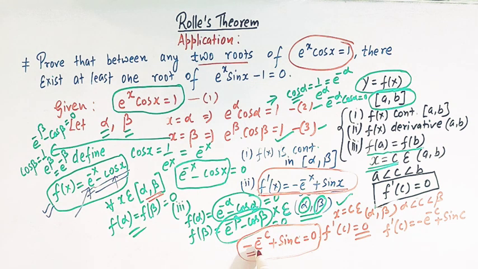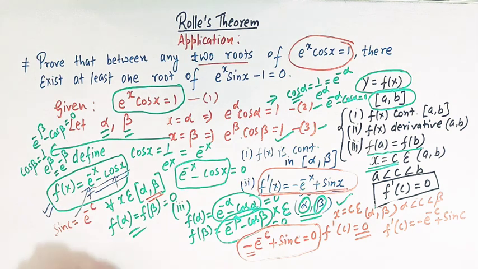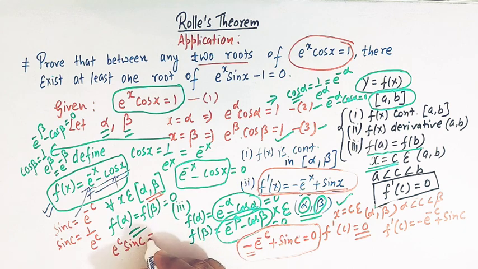Now if we take this term to the right hand side, we have sine c is equal to e raised to minus c. So we can now write sine c is equal to 1 over e raised to c. And if we multiply e raised to c to this term sine c, we have e raised to c sine c is equal to 1.